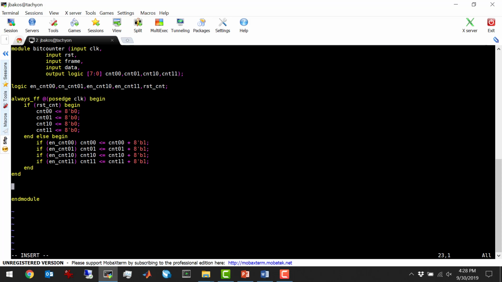So I'll have a C10 state, that's frame equals 1 and data equals 0, and I'll have a C11 state if frame equals 1 and data equals 1. And then I'll have the enables, enable count 10 equals 1, and enable count 11 equals 1. Make sense?